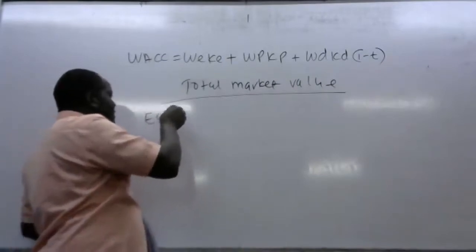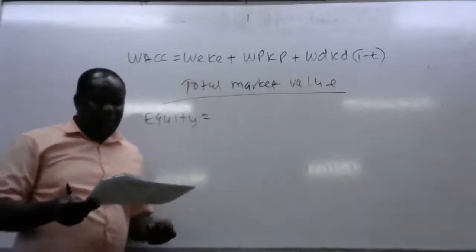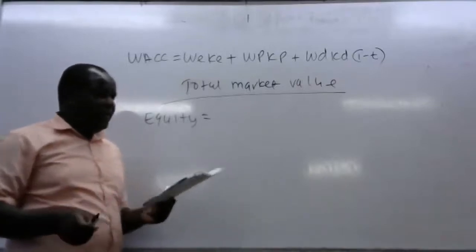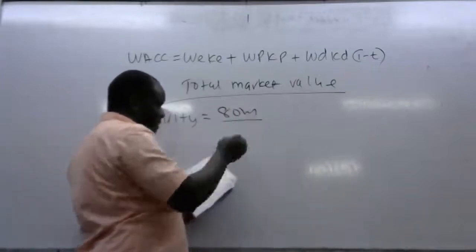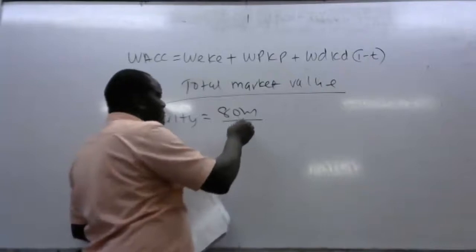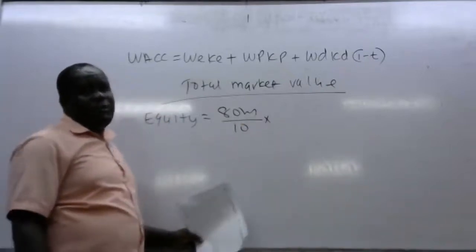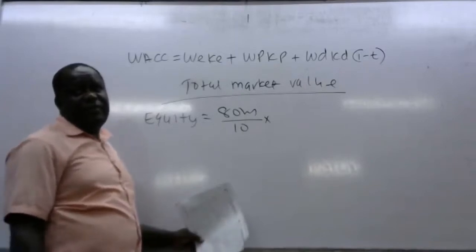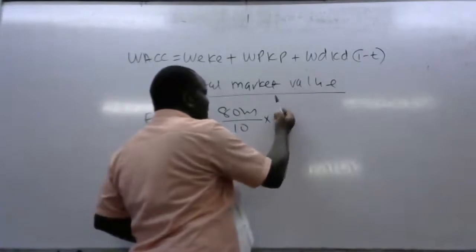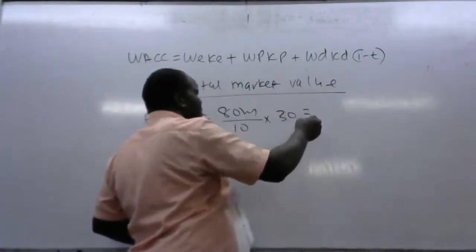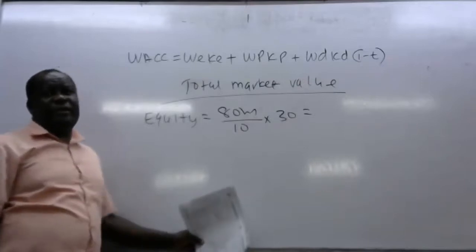It should be the number of the ordinary shares, where you take 80 millions divided by the par value, which is 10, then multiplied by the current market price, which was ex-dividend, 30 shillings.